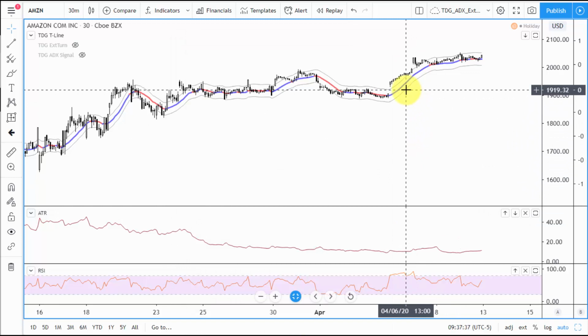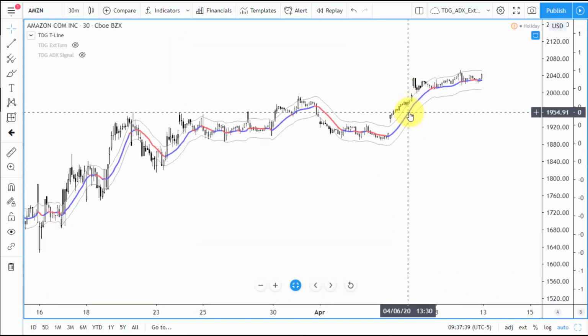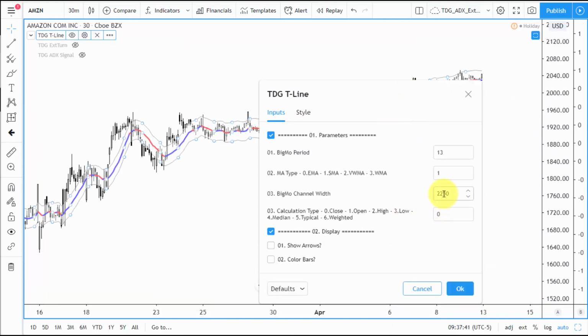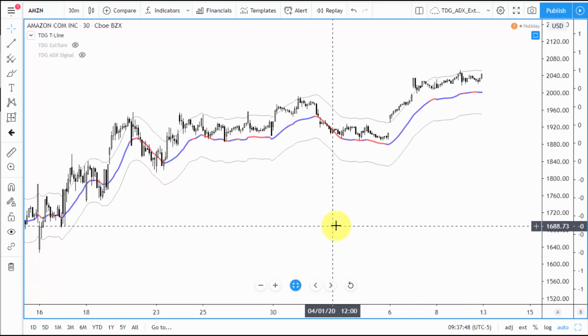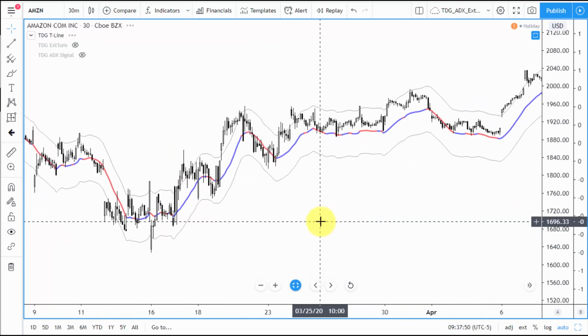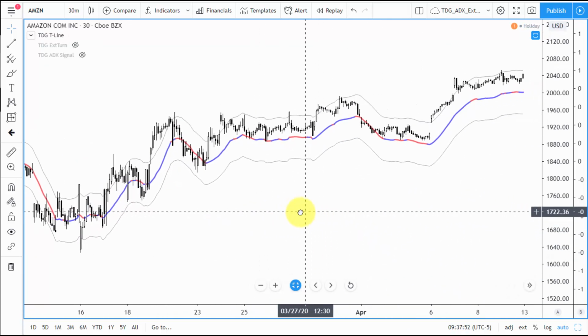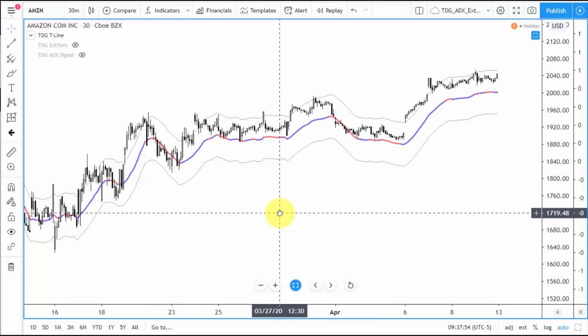Come in here. That's 5,500. And you can see that we acquire the same basic look on Amazon. So that's just an idea of how to employ that and modify it.